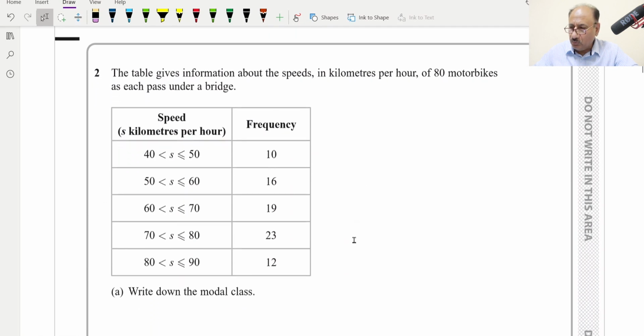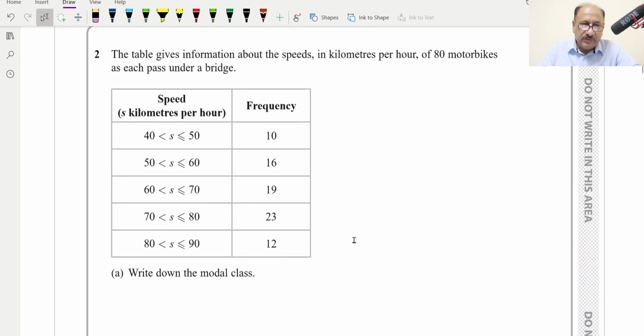Now question number 2. Question number 2 says the table gives information about the speeds in kilometers per hour of 80 motorbikes as each passes under a bridge. This is speed and this is frequency, and speed is in kilometers per hour.